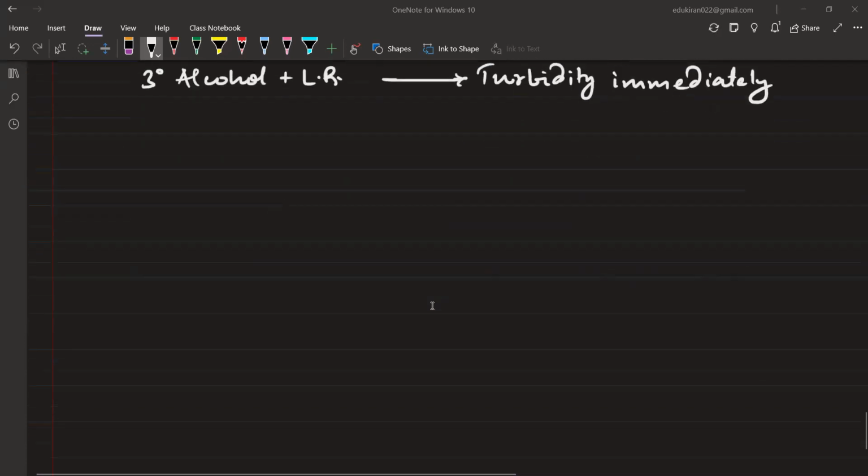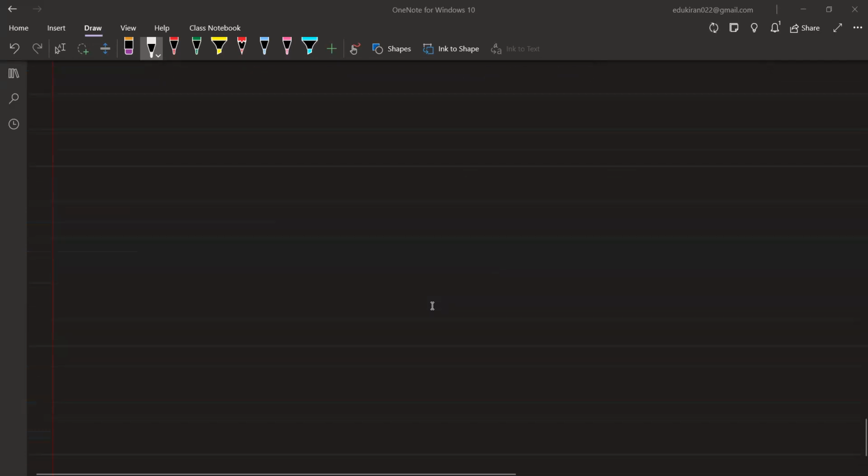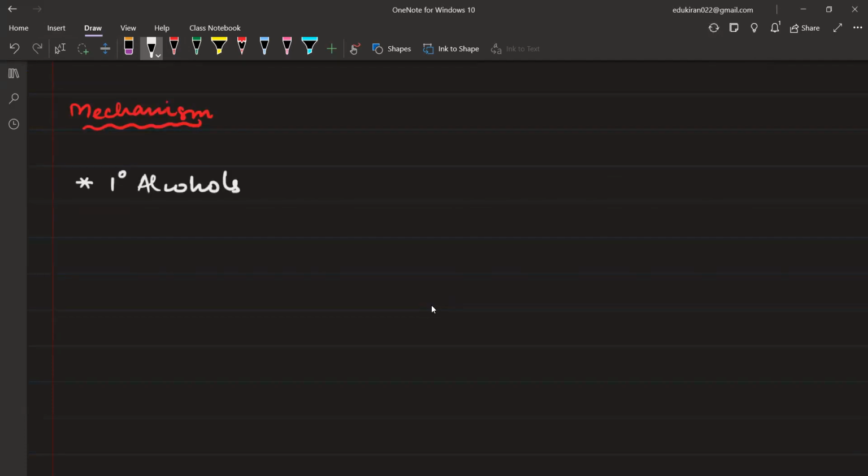That is quite important. All of you wrote this down. If anyone is still writing, please let me know. Okay, so write mechanism. First of all, 1 degree alcohols react with HX via SN2 mechanism.